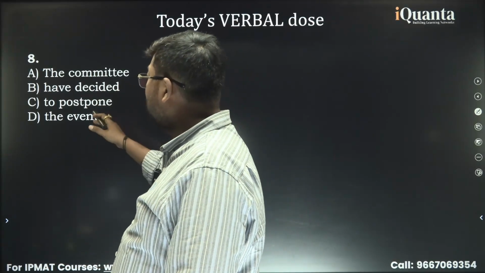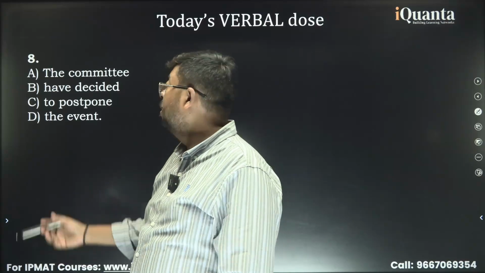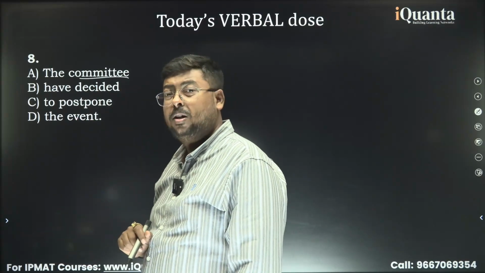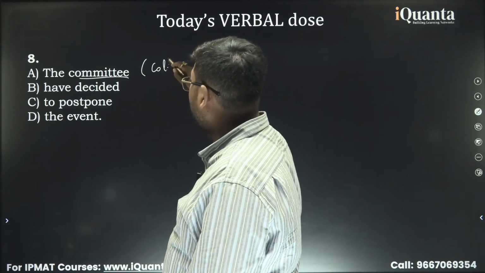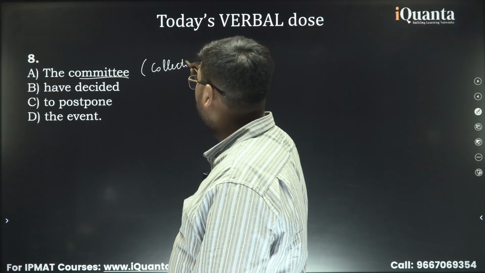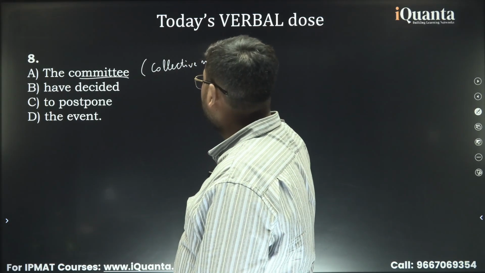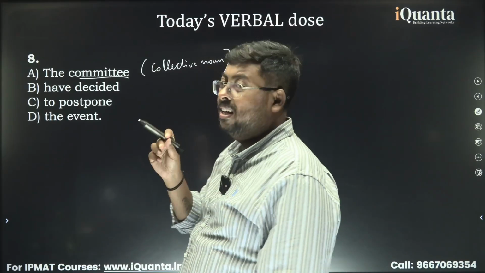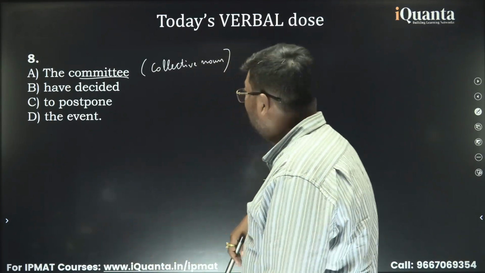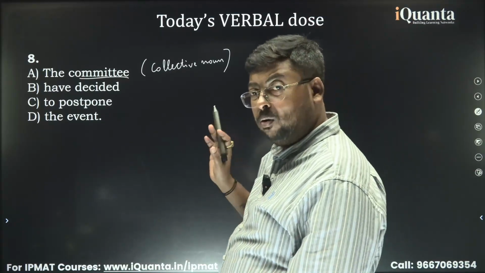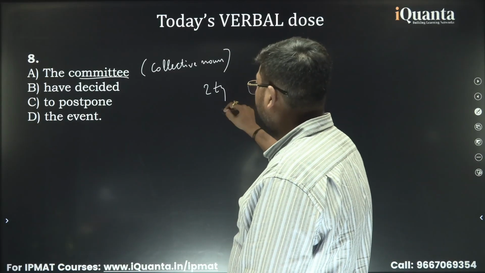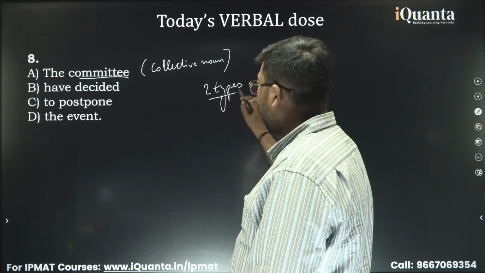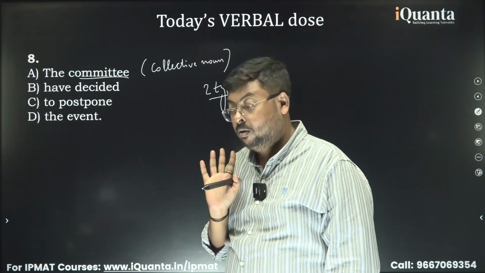The committee have decided to postpone the event. Now look at this word committee. What is it called? It's called a collective noun. Now, whenever we talk about collective nouns, always remember there are two types. Two types of collective nouns are there.